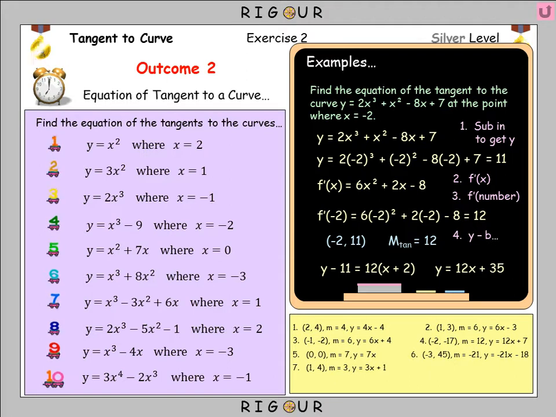Number 7, y equals 3x plus 1. Number 8, y equals 4x minus 13. Number 9, y equals 23x plus 54. And number 10, y equals minus 18x minus 13. And as you can see from the solutions there, there's a breakdown for the point, the gradient and the equation. So if you made any mistakes, you can see what particular area you were struggling with.